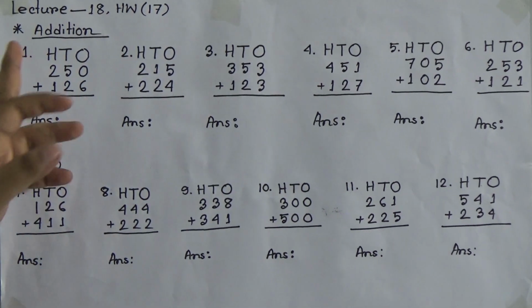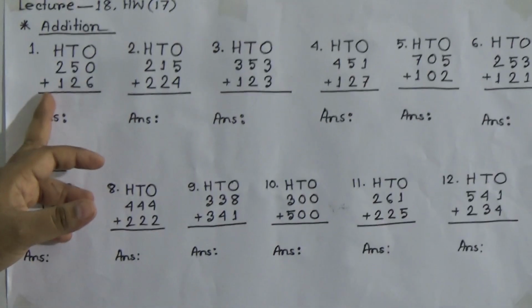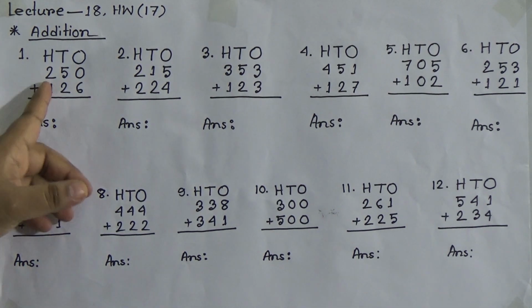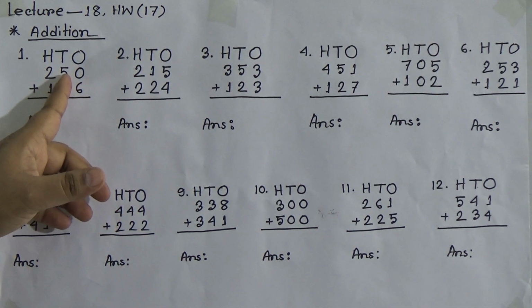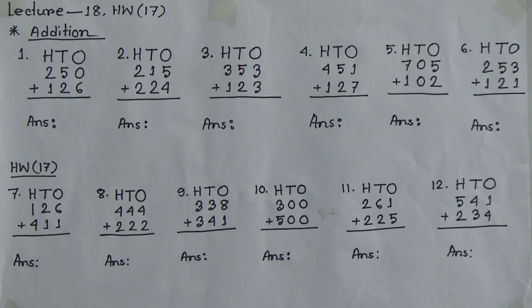Addition. So, number 1 here: 250 plus 126. My dear students, 250 is a 3 digit number and 126 is also a 3 digit number.